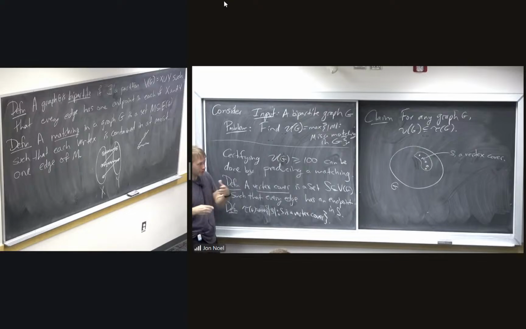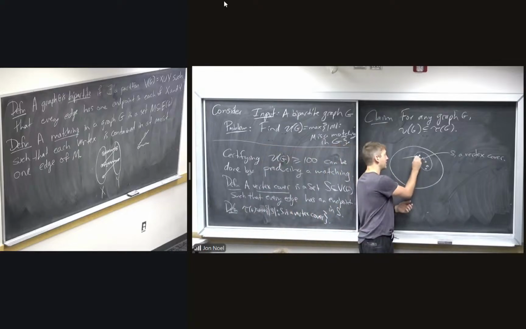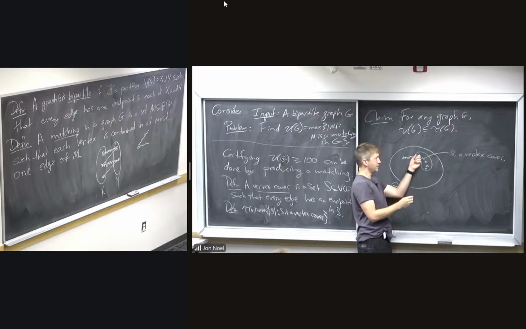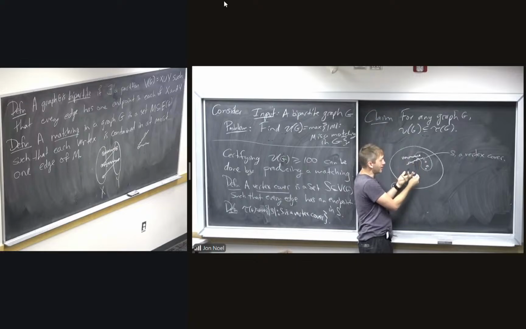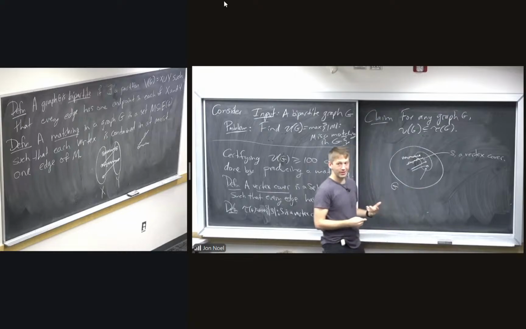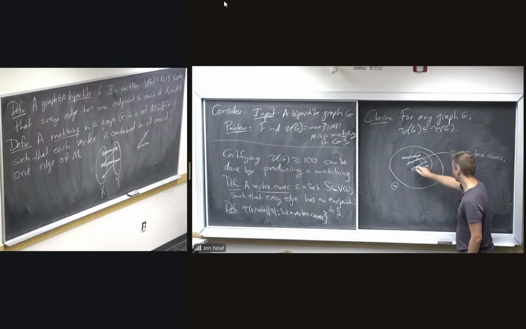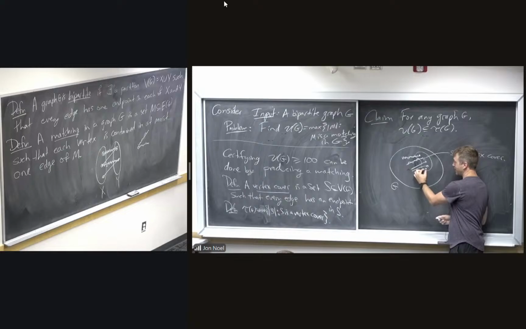But edges in a matching aren't allowed to share endpoints. So suppose I had a matching of size 6. Maybe the first edge in my matching touches this vertex, the second one touches that one, but they're not supposed to hit the same vertex. You couldn't possibly have a matching of size 6 because every edge in the whole graph hits one of these vertices. If you had a larger matching, by pigeonhole, 2 of those matching edges would hit the same vertex.